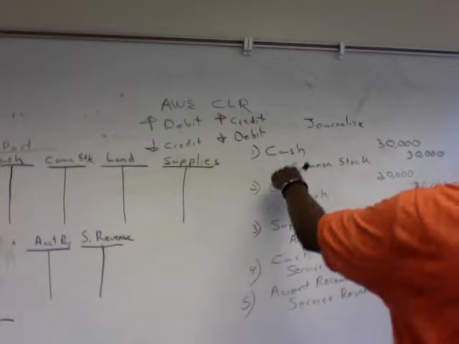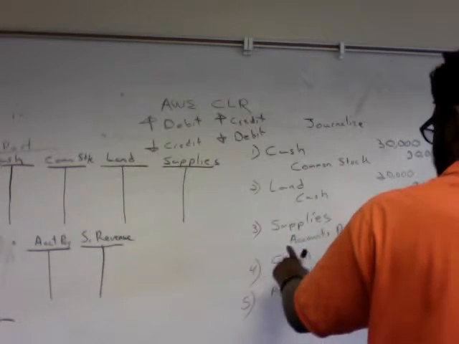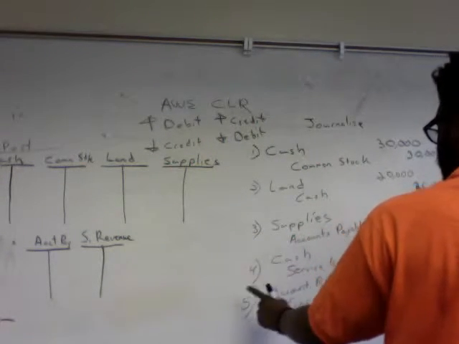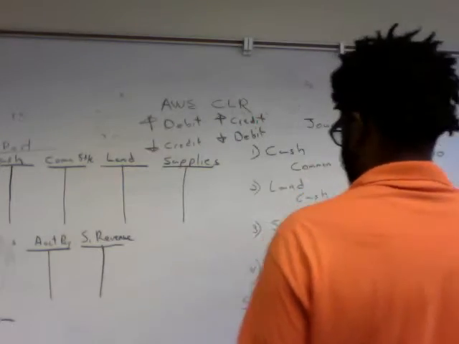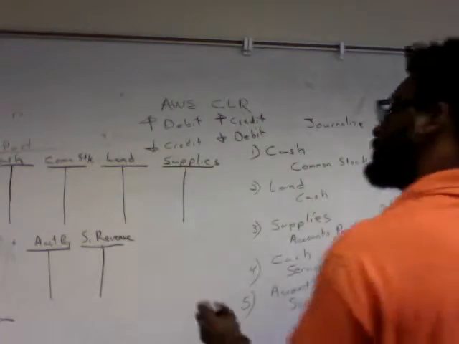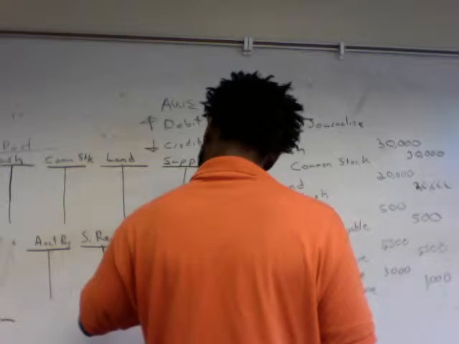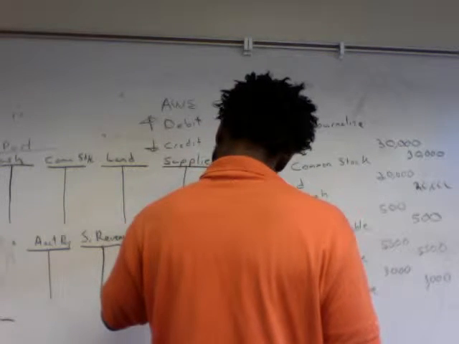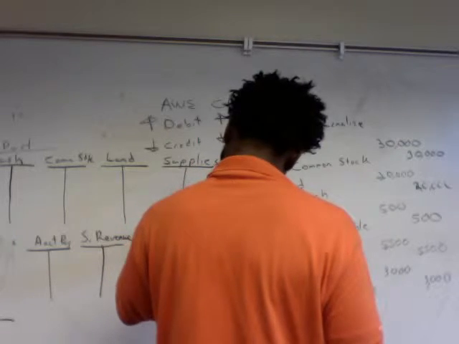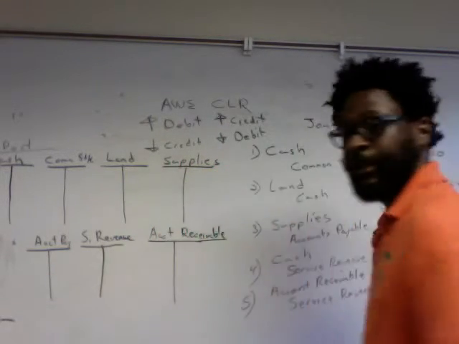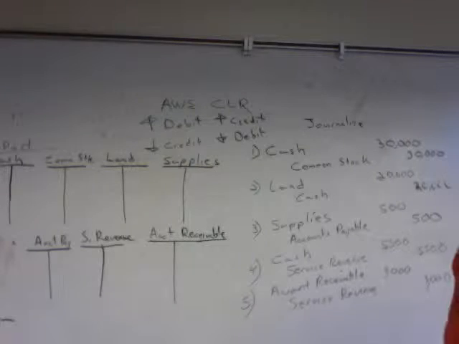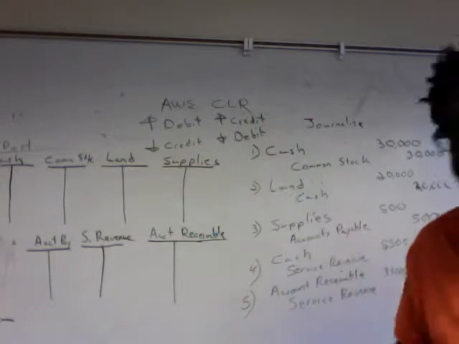So that's 1, 2, 3, 4, 5, 6, 7. All right, so those are all of our accounts in our quote-unquote ledger, okay?